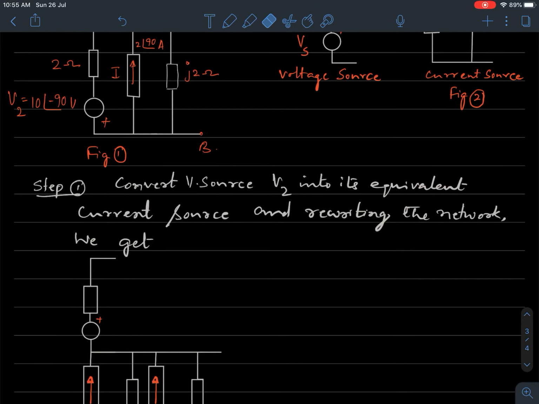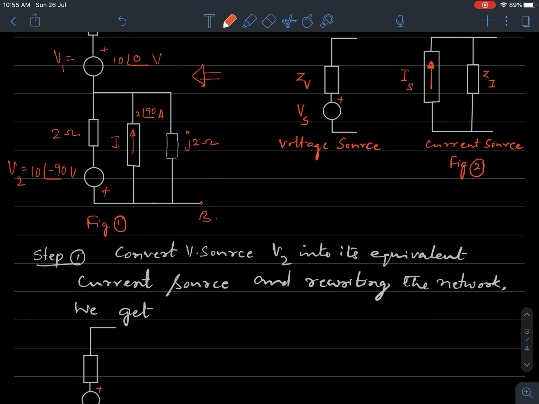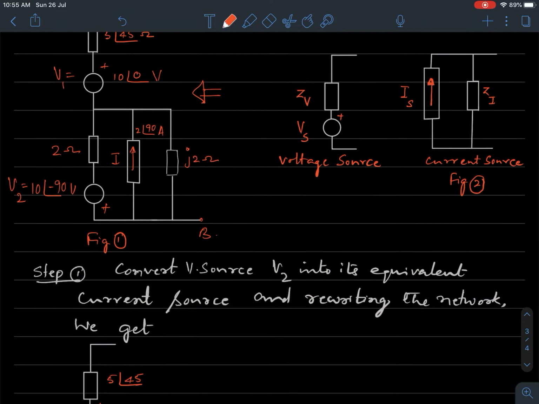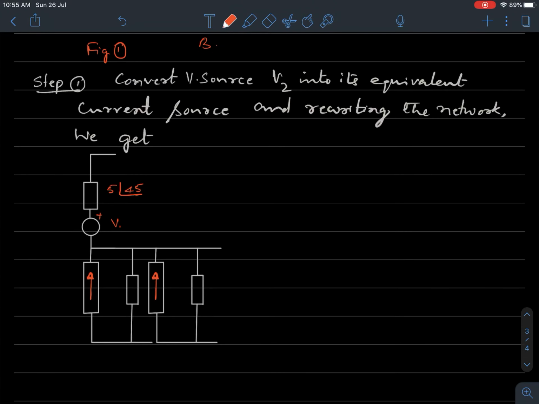So what I've done is I have just taken these values. I will now insert the values. I will take this red only. My first source is V1, I will write it as it is, that is 5 at an angle 45. Then this is 10 at an angle 0.